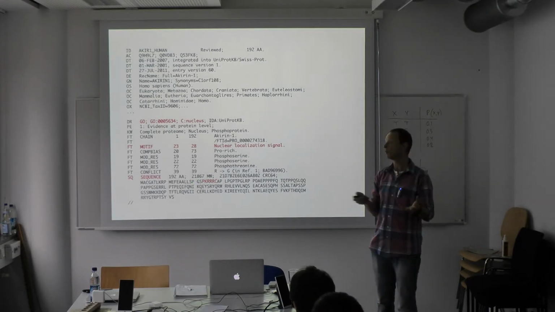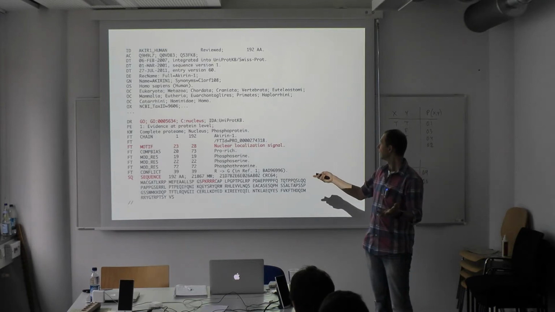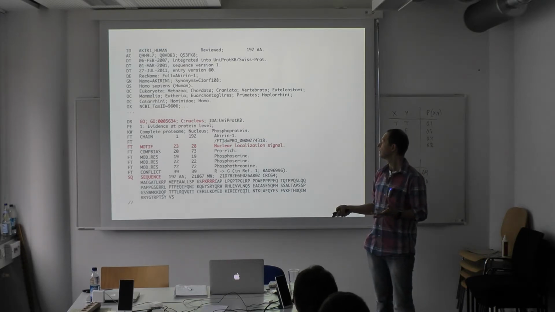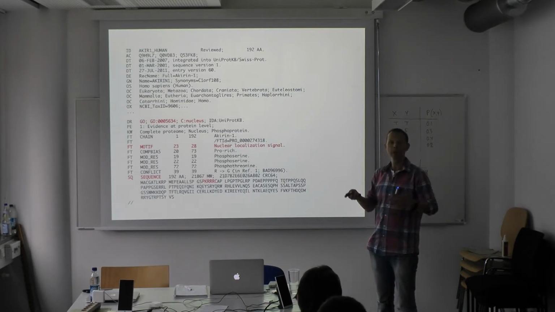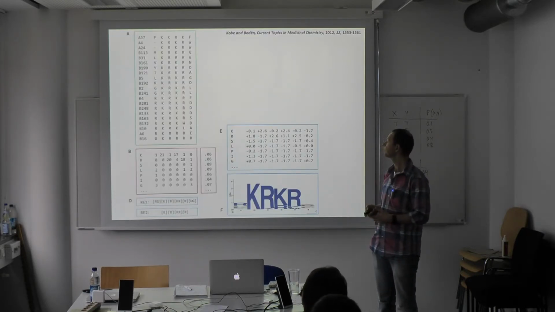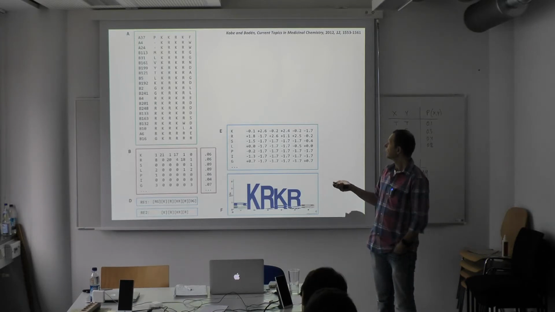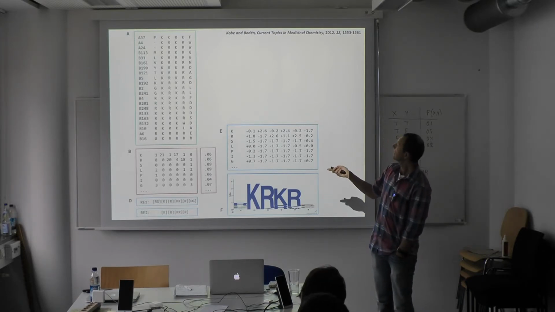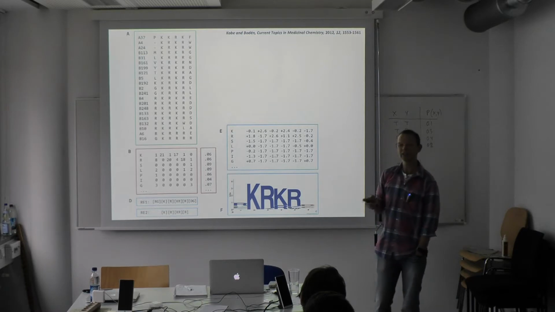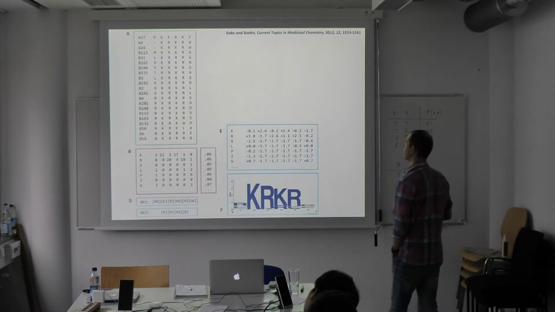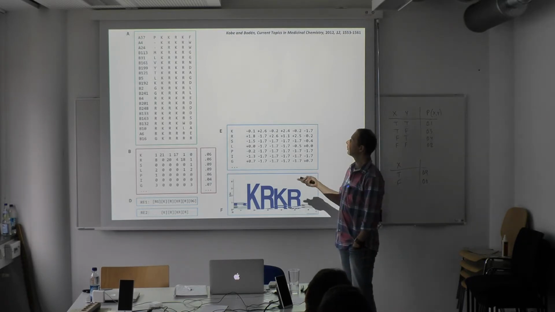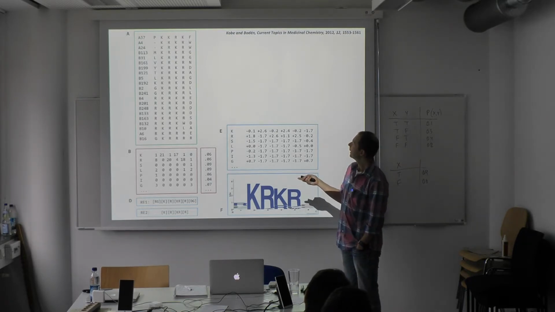We can put together all of the data that has this particular annotation in Uniprot and construct an alignment from there. And this is an alignment just like that. It's just that it's based on a slightly different type of data. This is from a Japanese group that performed some experiments.